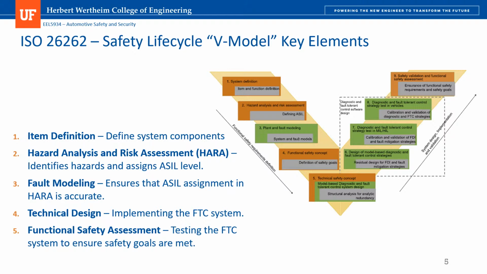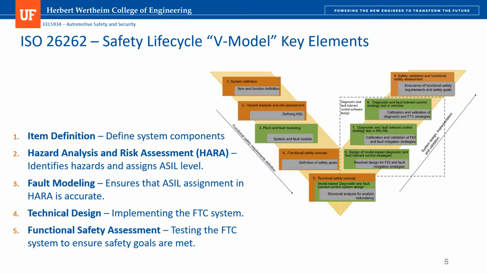This research really focuses on 5 elements of this V model. The first is defining all of your components. The second is identifying the hazards and assigning the ASIL level. The hazard analysis and risk assessment, this step is referred to as HARA.